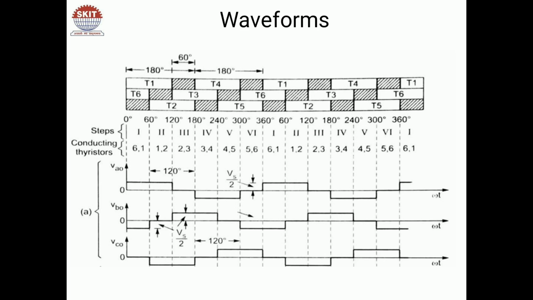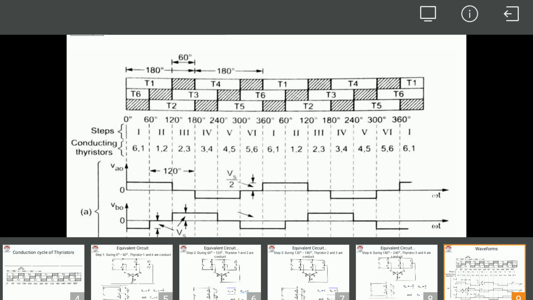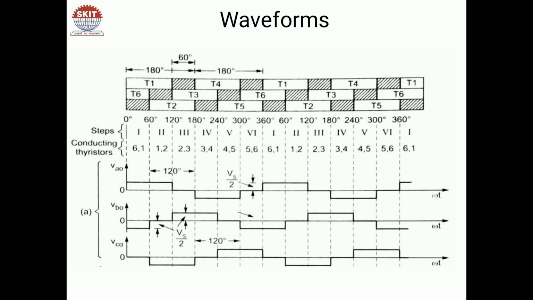So in that, VA0 is Vs by 2. So during this period, plot VA0 during 0 to 60 degree, and VB0 is minus Vs by 2 and VC0 is 0 during 0 to 60 degree.